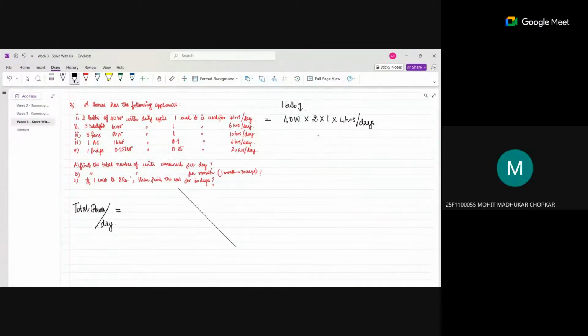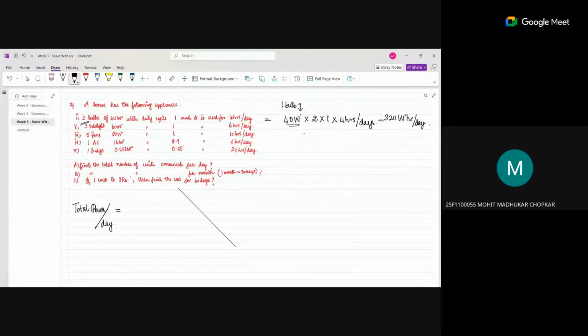Why do we multiply with the 2? Because there are two bulbs, right? For one bulb it is 40 watts. 2 bulbs for 1 day, 4 hours. So what will you get? 320 watt hour per day.